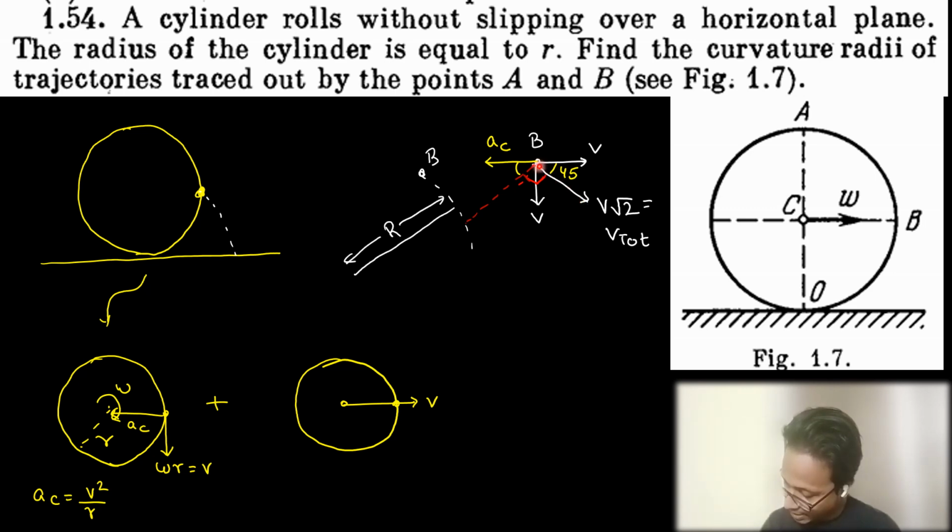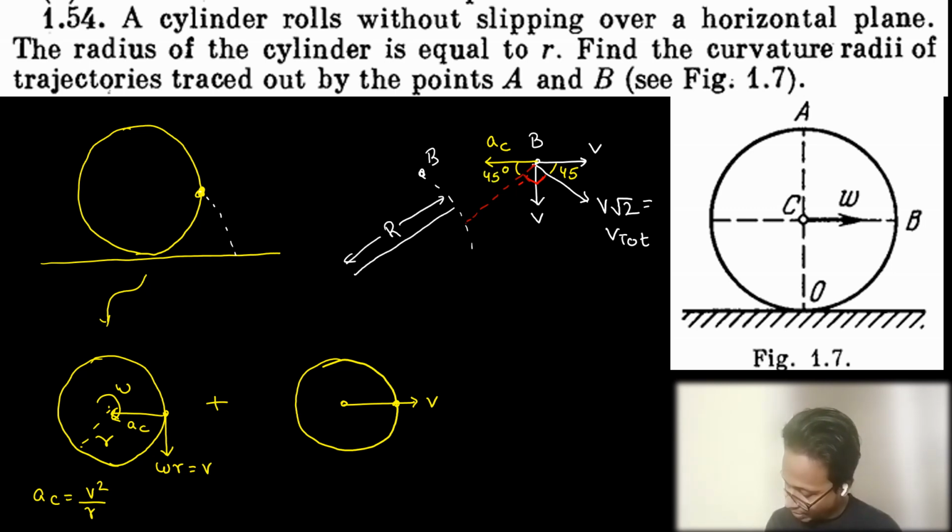This line and this line are 90 degrees, because the centripetal acceleration, for the radius of curvature, is always perpendicular to the total velocity. And this entire line is 180 degrees. So 45 plus 90 plus this angle makes 180 degrees, so this angle is also 45 degrees.